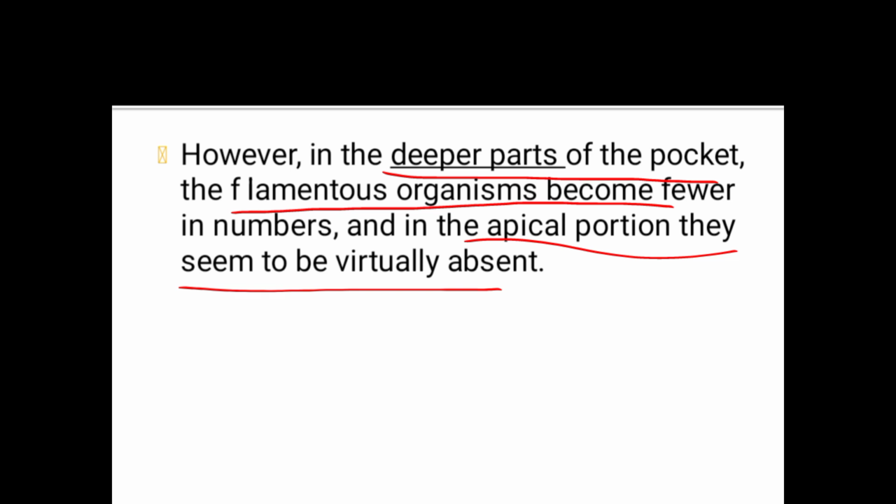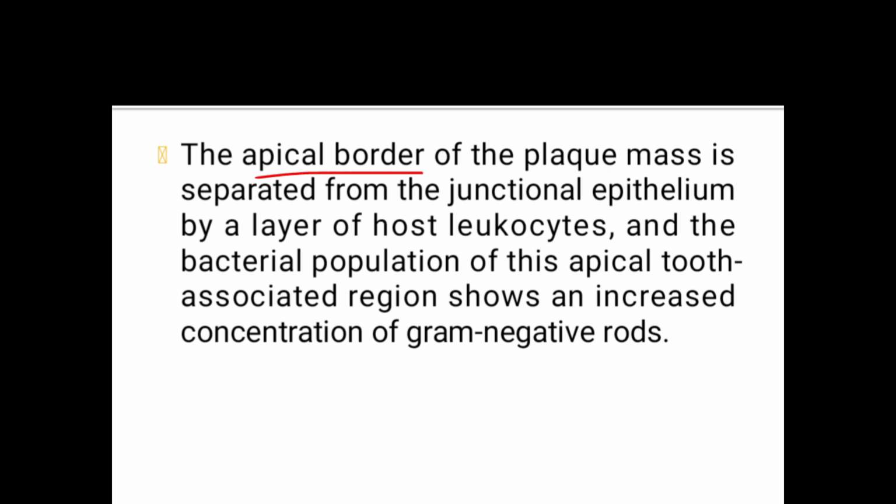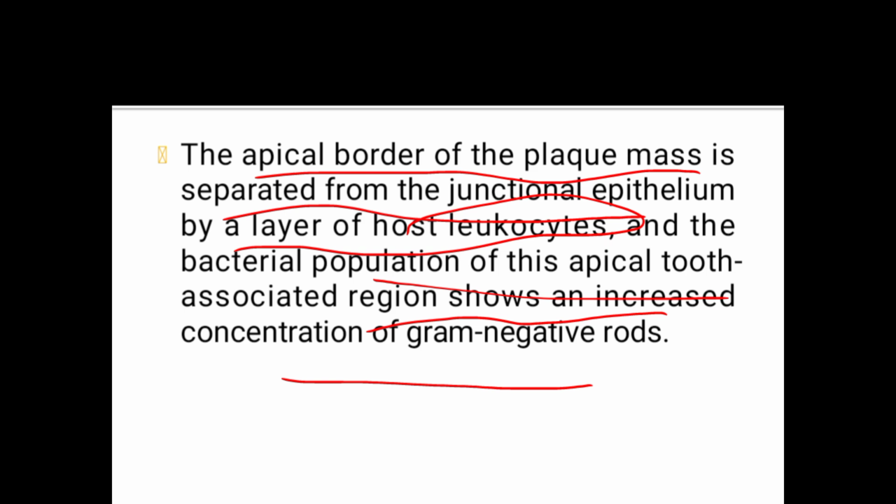So the very dominant bacteria we see are spirochetes and gram negative anaerobes like Porphyromonas gingivalis and Prevotella intermedia. The apical part of the plaque mass is separated from the junctional epithelium by a layer of host leukocytes, and the bacterial population of this apical tooth associated region shows an increased concentration of gram negative rods.